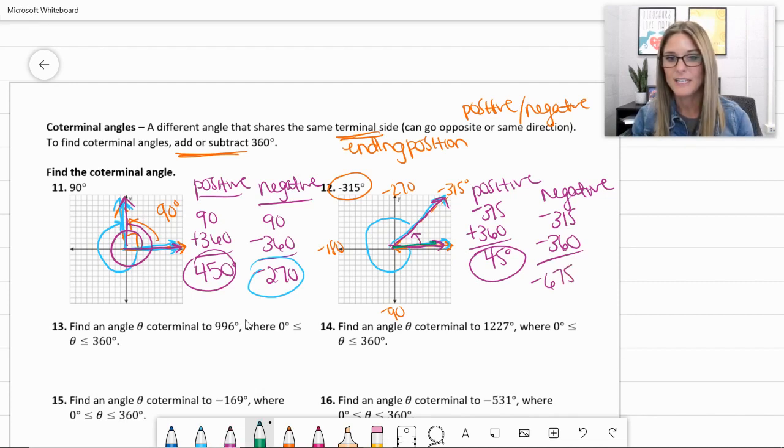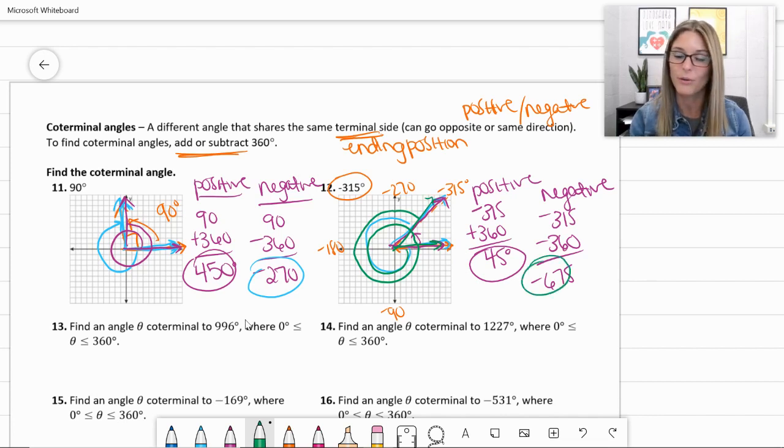So if I start at the standard position and I did a full rotation 360 plus 315, so 270 plus the extra 45, that will take me to the same place, coterminal. Negative 675 is coterminal with negative 315.